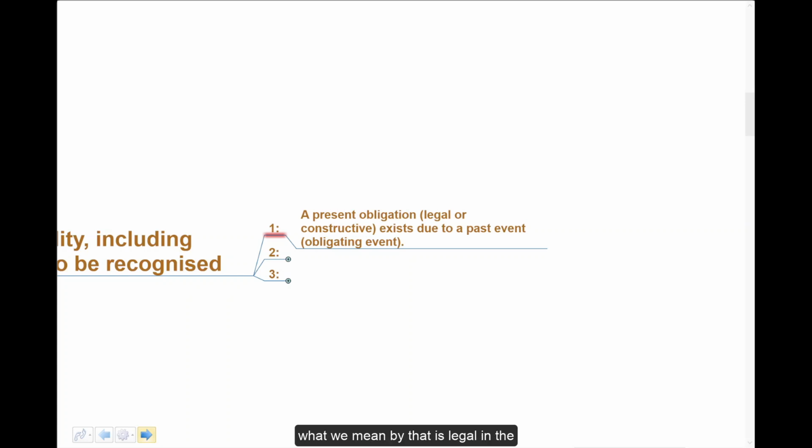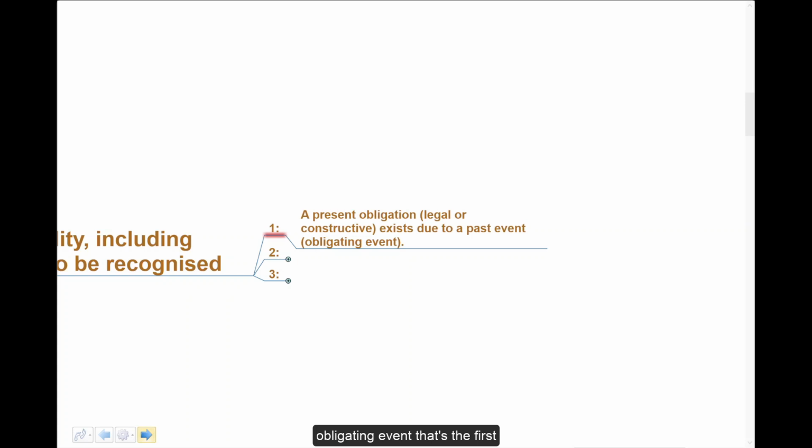What we mean by that is legal in the sense that it's bound by some sort of formal commercial contract, or constructive, perhaps based on somebody's actions. Somebody has created an obligation. It exists due to a past event. In other words, it hasn't just cropped up just now. It exists due to a past obligating event.